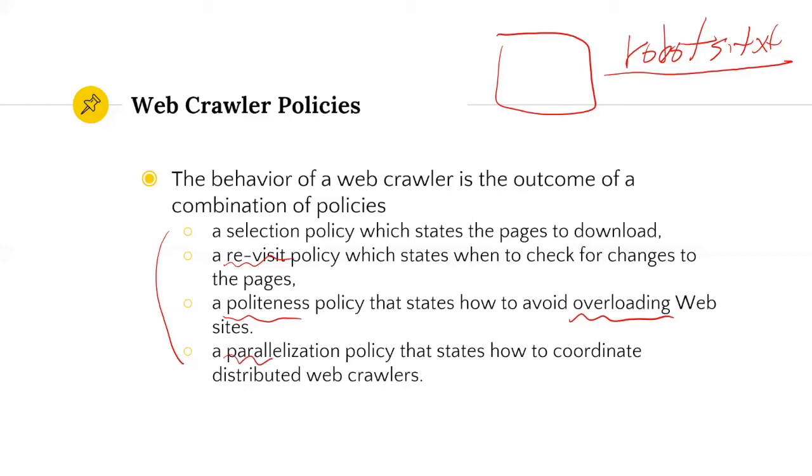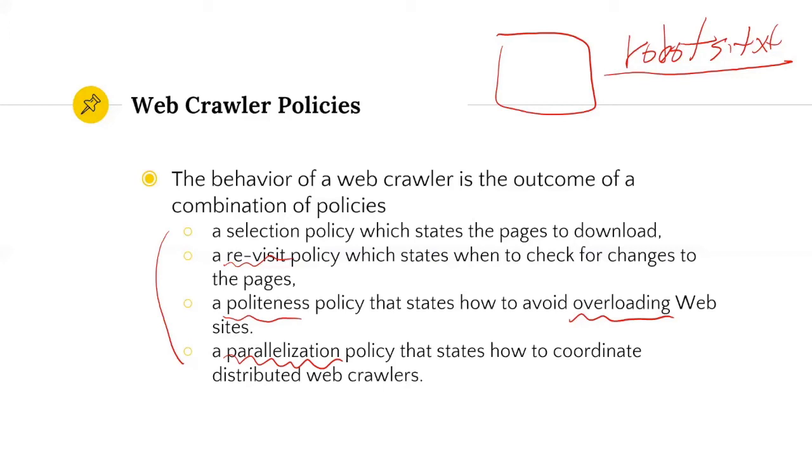Finally, the parallelization policy is about the coordination of multiple web crawlers. For a similar reason, you don't want to overload a website, so be nice when you coordinate web crawlers.